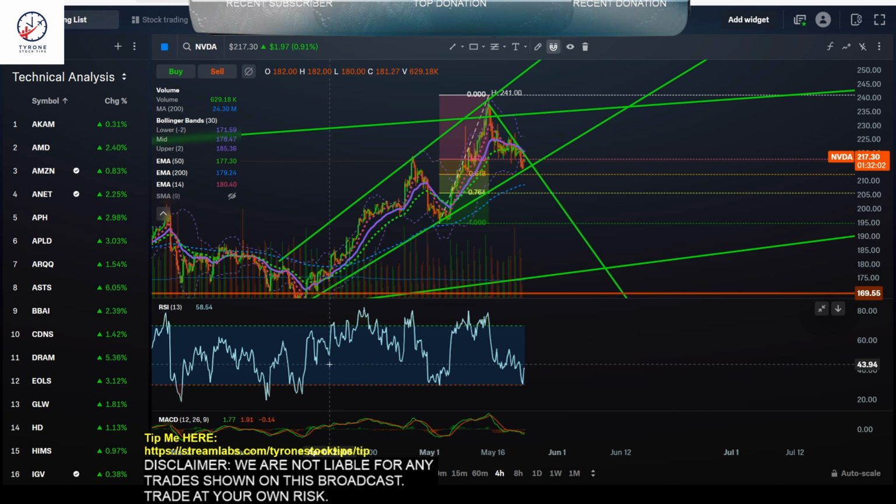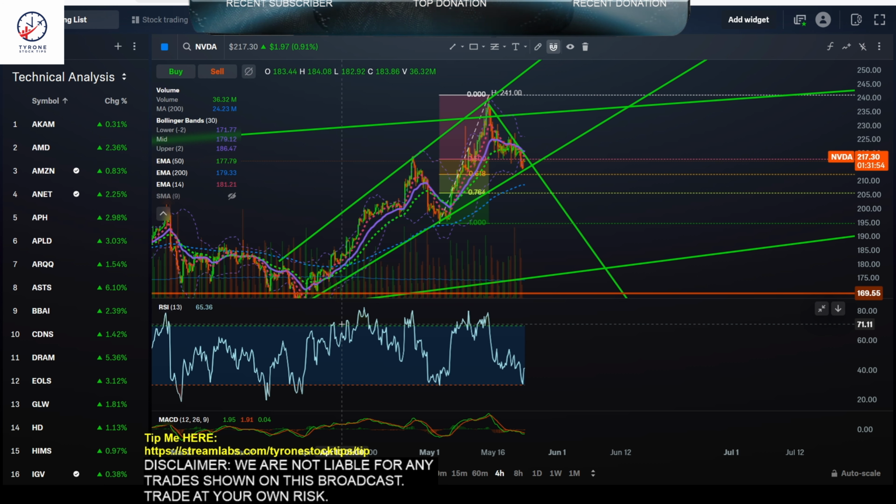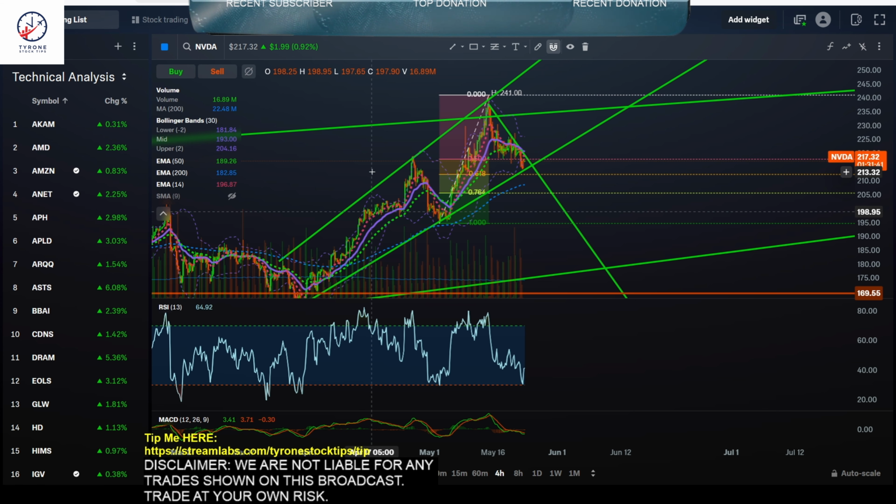Now, I don't use this technique often, but I do use it as a gauge. It's more of an indicator that you would have to draw, per se. It's called the Fibonacci Retracement tool, the golden retracement, and I'll explain it to you.